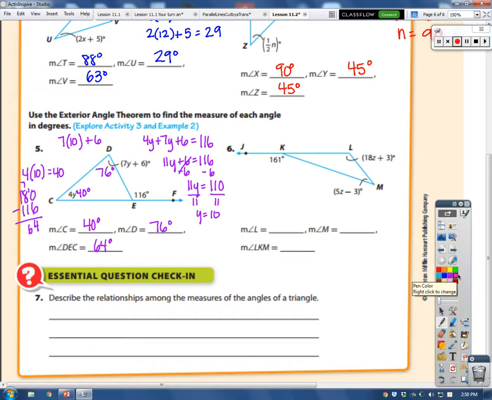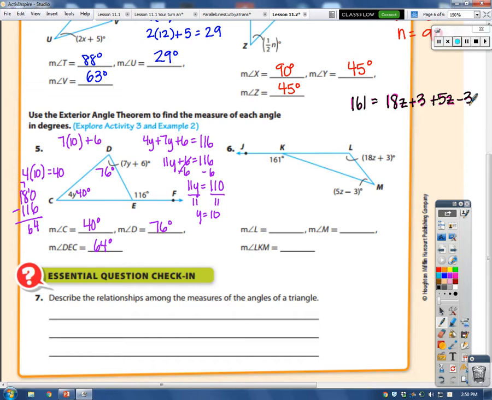So we've got 161 is equal to 18z plus 3 plus 5z minus 3. Maybe let's write that a little bit darker so you guys can see it. 161 equals 18z plus 3 plus 5z minus 3.